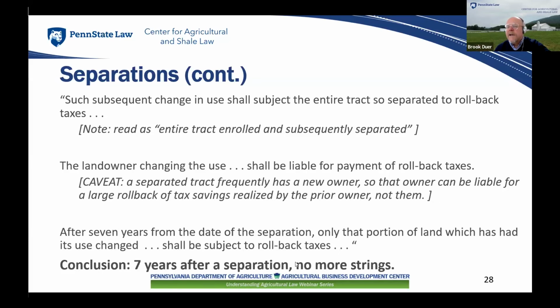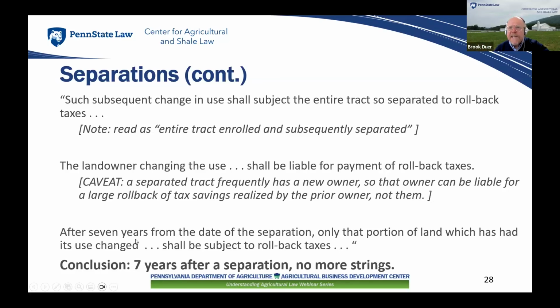So what's the lesson here? The conclusion: after 7 years after a separation, that's when all the strings are unattached. That's when finally things are free and clear to essentially be dealt with as freely alienable property, at least as to the other parcels that were part of the separation.